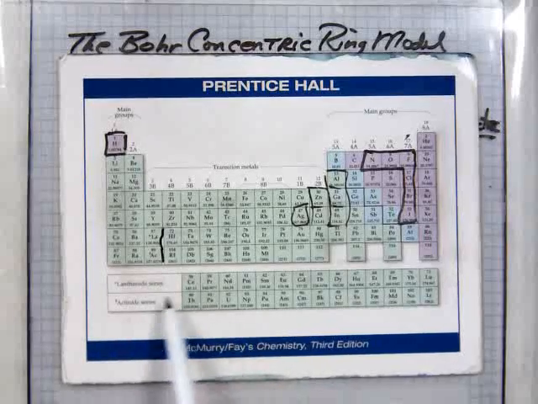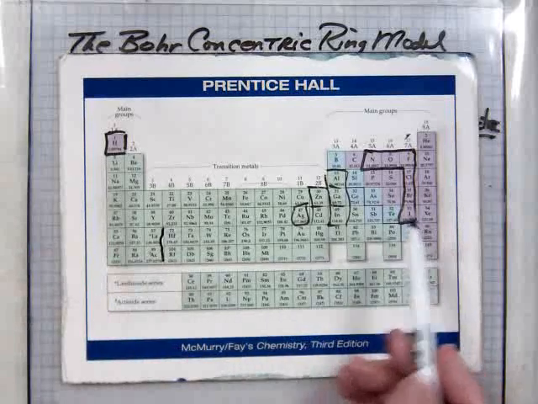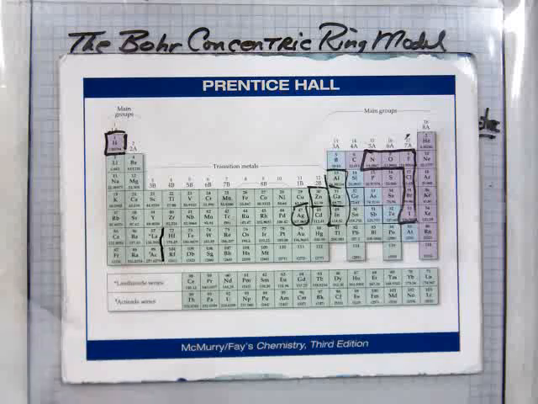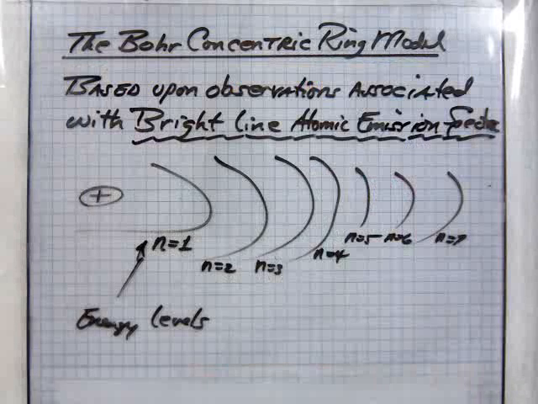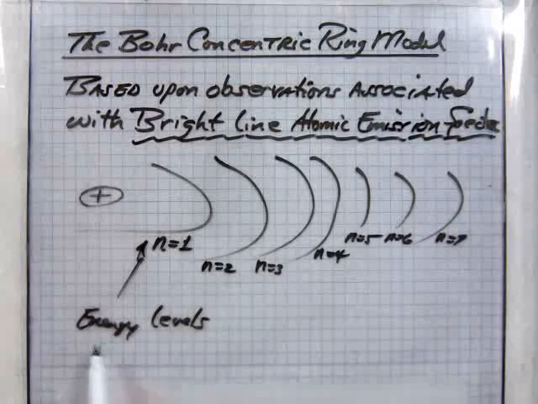So the lanthanides would have 6 rings, along with the others up in the chart, and the actinides 7 rings around them.